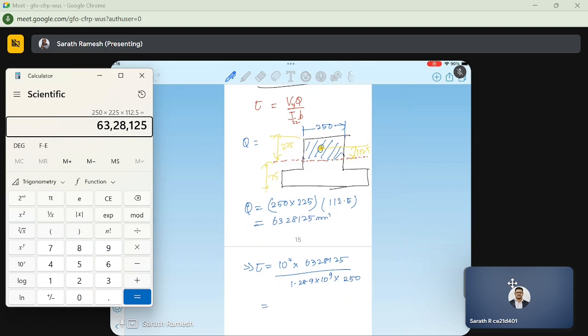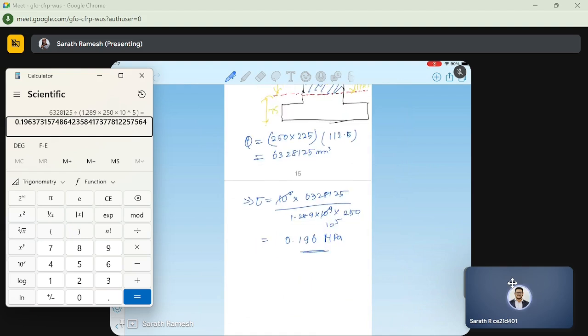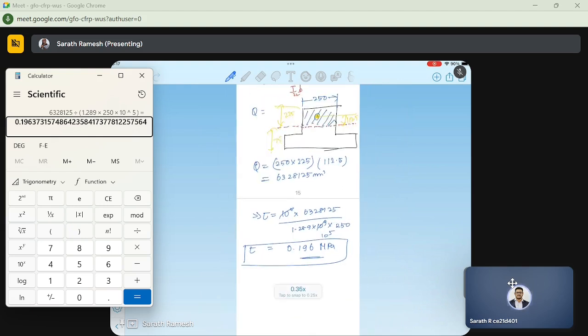So with 10 power 4 and 10 power 5, it becomes divided by 1.289 into 250 into 10 power 5. This gives us 1.196 megapascal. So it is higher than that. Fine, that's it.